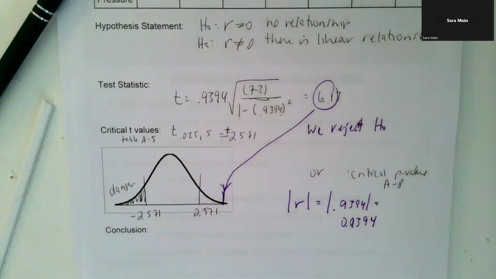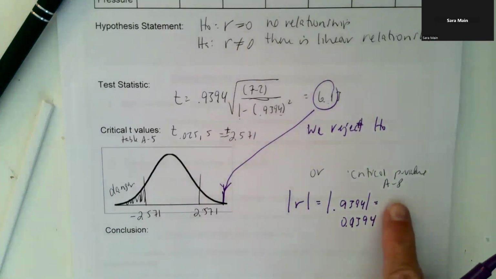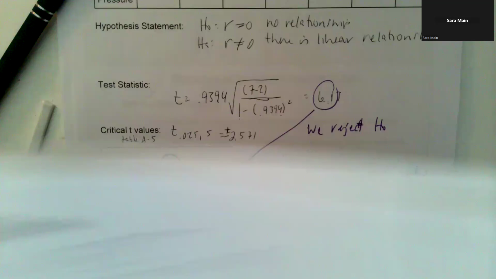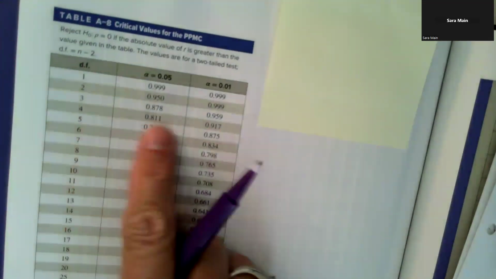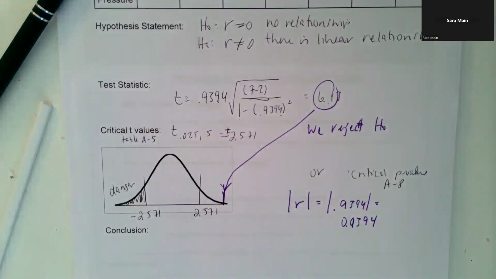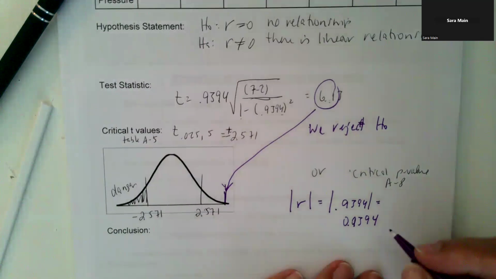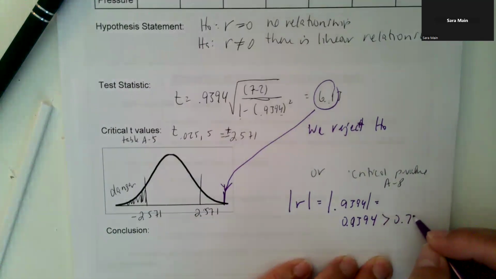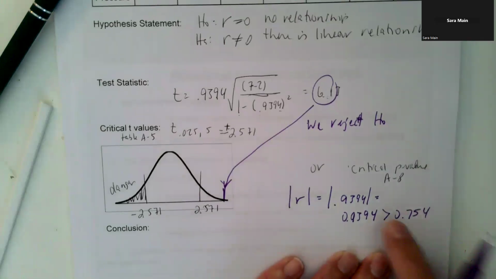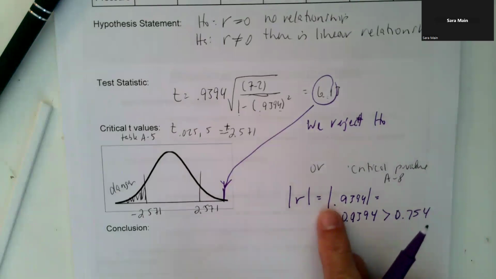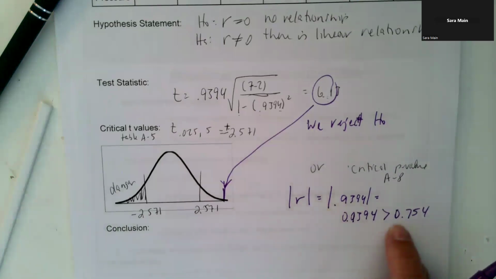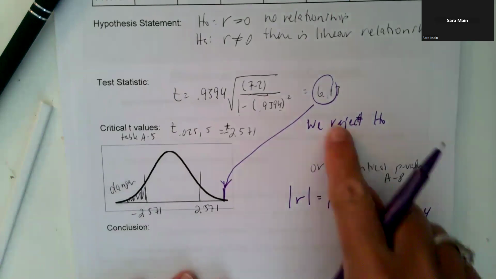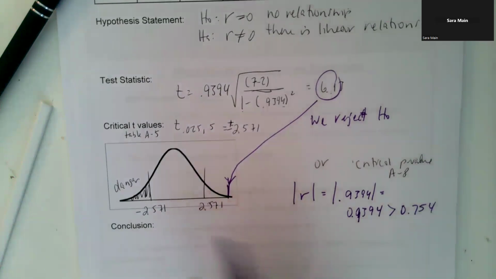And then we want to compare that to the critical p-value on table A8 at 5. So at 5 and 0.05 would be 0.754. It's greater, so because the absolute value of R, 0.9394, is bigger than this critical p-value, we reject. So both of these things tell us that we're going to reject.